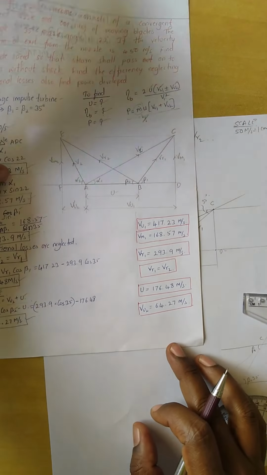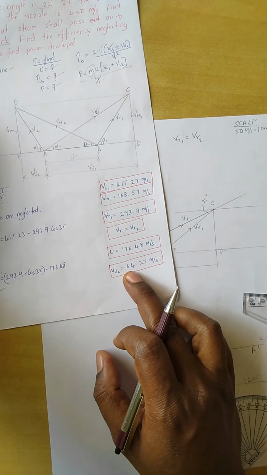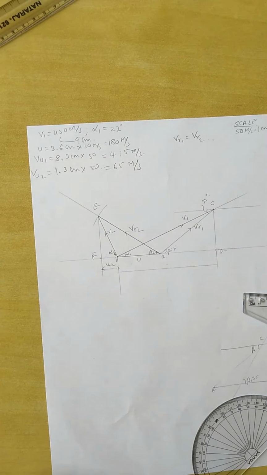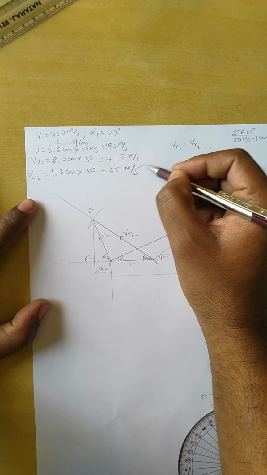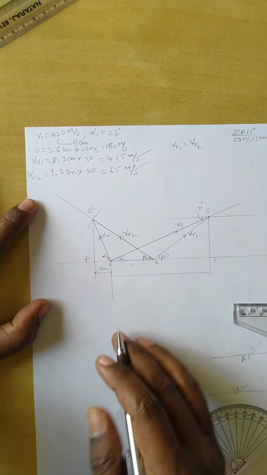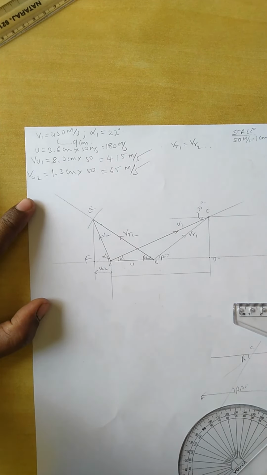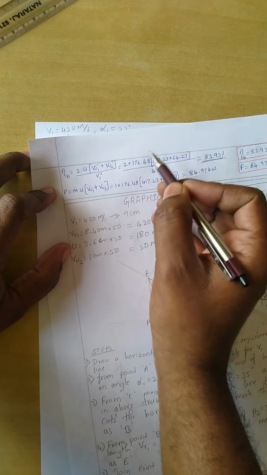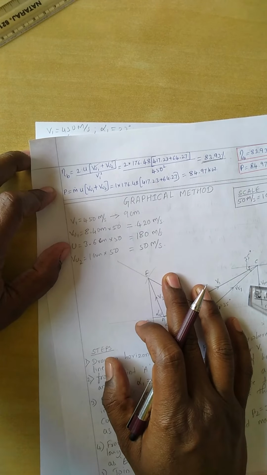And what is our calculated answer? Calculated answer is 64. So our answer is approximately correct. Once you know VU2 and VU1, next we need to substitute in the formula and get the answers.